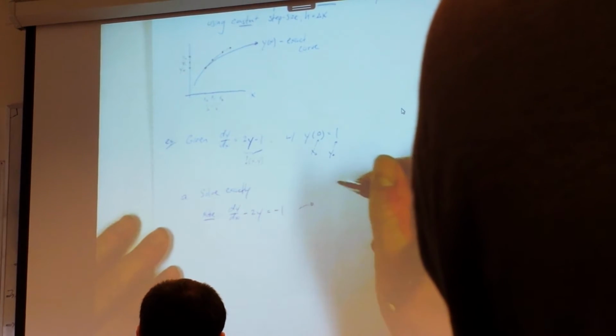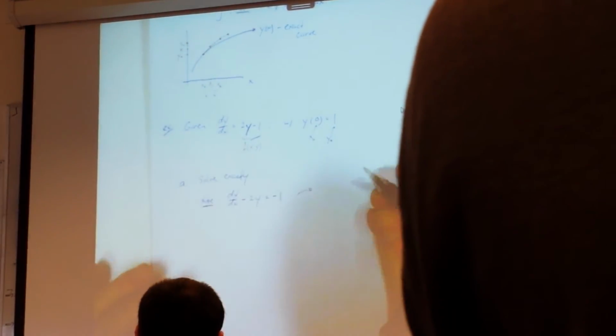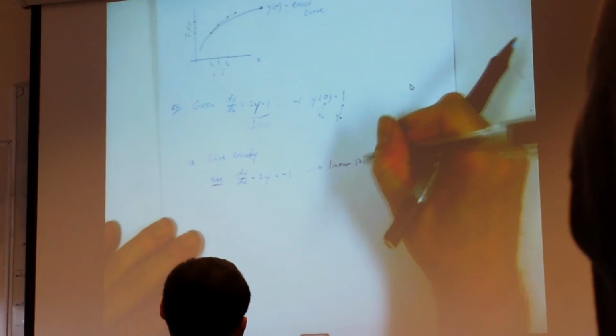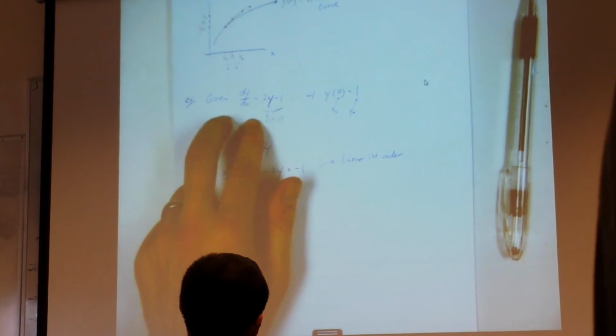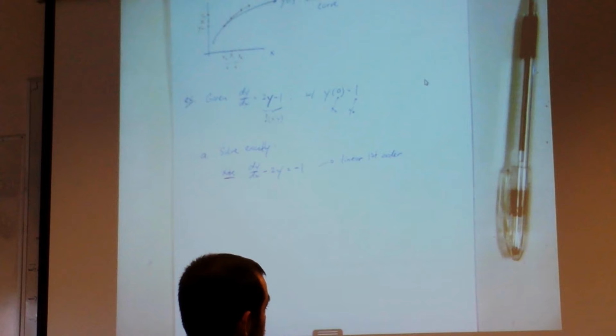And this would be what type of first order equation? So there, you can actually do it by separation of variables. If you've got the whole 2y minus 1 down in the denominator and dx on the other side, you can do it by separation of variables.